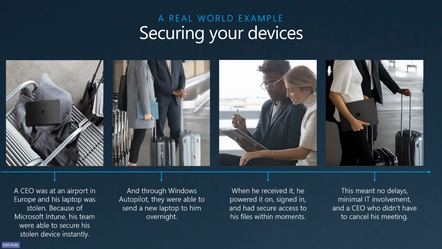They can very quickly use Intune to wipe and retire that device remotely. So yeah, it's still bad, the laptop's been stolen, but at least there's no data on the device anymore. That device has been remotely wiped, ensuring that any corporate secrets or confidential information is no longer on it.